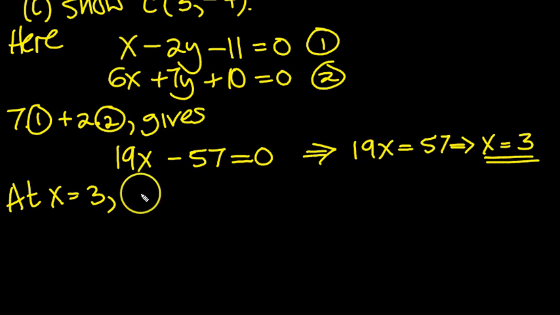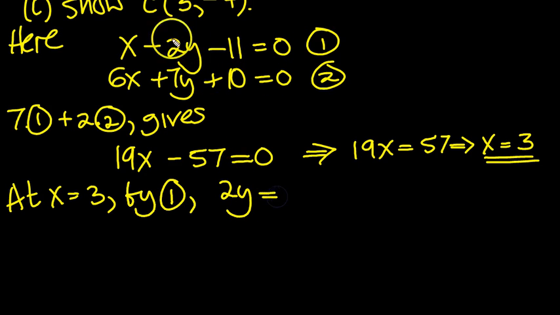What do we get? No, undo. It's y we want, so use equation 1. The 2y I'm going to move over here, so I'm going to write it as 2y straight away, and it's going to be x - 11.